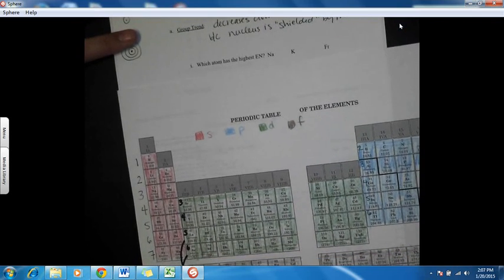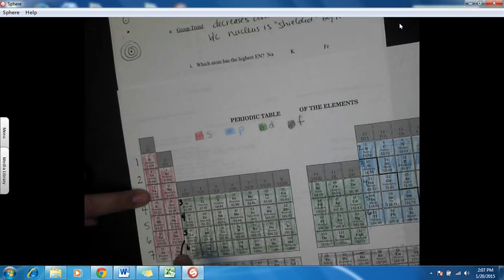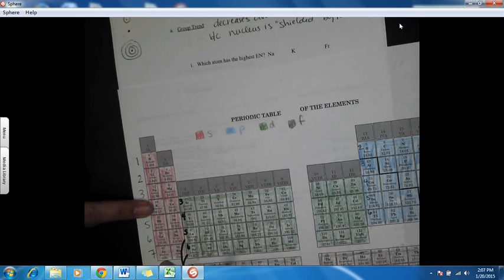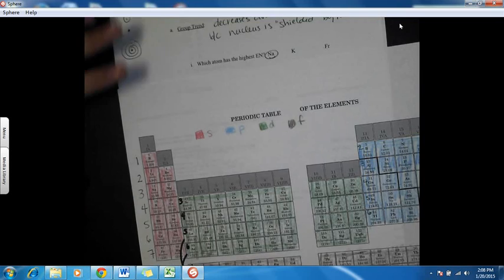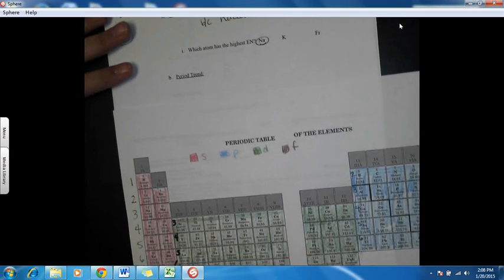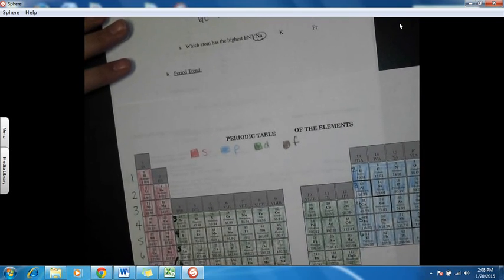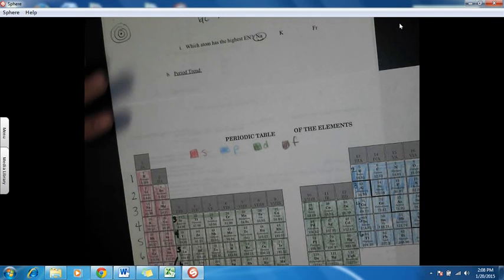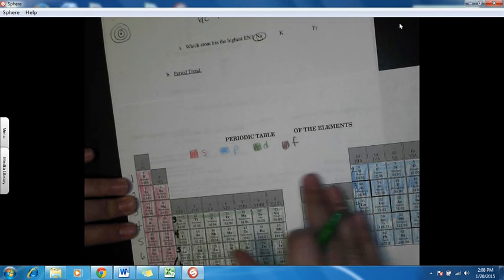Alright, so between sodium, potassium, and francium, which would have the highest electronegativity? Well, if it decreases down, that means the higher electronegativity is further to the top. So which of these is furthest to the top? Sodium. Okay. The period trend. Again, if we go back to size, as we go to the right, the atom gets smaller.